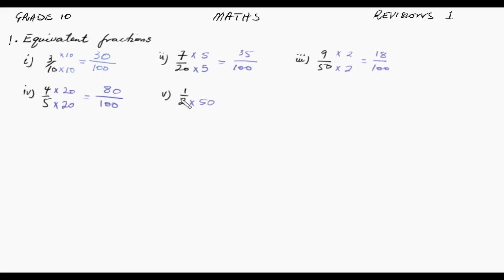Since we have multiplied by 50 on the denominator, we will have to multiply by 50 on the numerator to balance our fraction. So the numerator becomes 1 times 50, which is 50. Then the denominator becomes 2 times 50, which is 100. So 50 over 100 is equivalent to a half. That is what you can do with equivalent fractions.